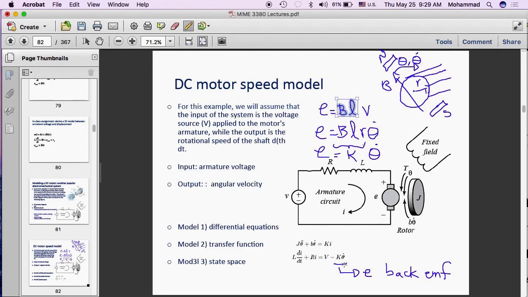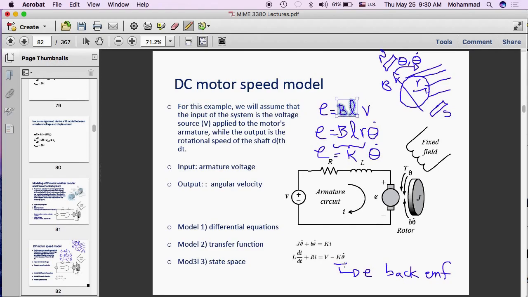Now, just look at that equation. Isn't that an equation for an electric circuit? But what is different about it? Like any other electric circuit, it has voltage and current. But do you see something extra in it that is unusual for an electric circuit? What I'm referring to is theta dot. What is theta dot?